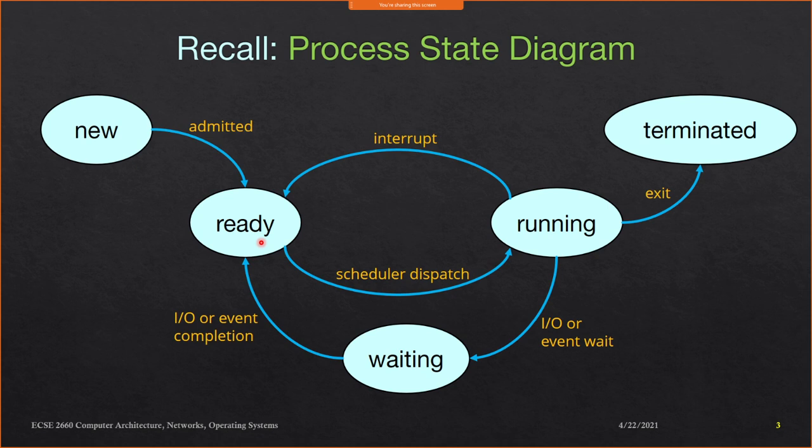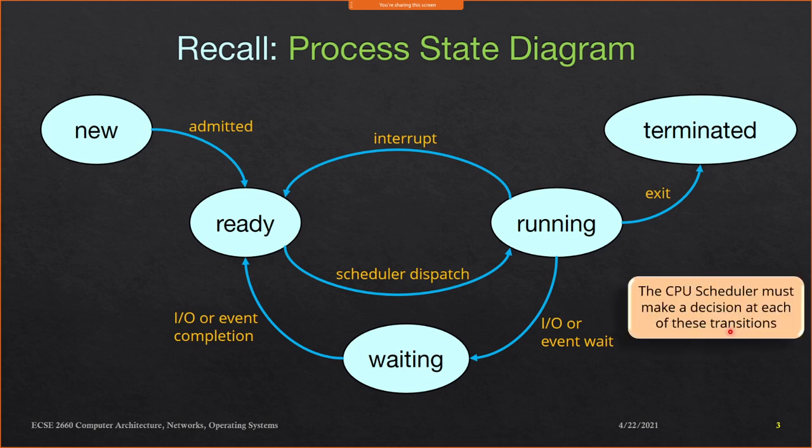As a process goes from one state to the other, and there are 5 transitions highlighted over here, the CPU scheduler is essentially making a decision about whether a process gets a processor or whether a process has to be preempted. And if those are good decisions, then we will have some good metrics. Maybe we will increase the throughput, maybe we will reduce the turnaround time, and so on. So we'll take a look at those metrics as well.